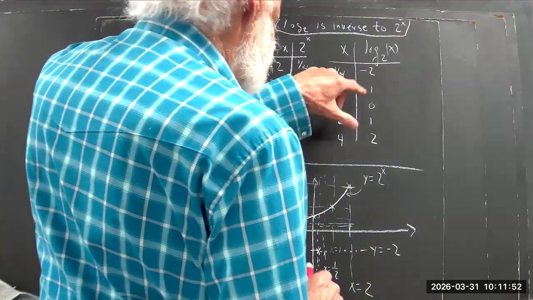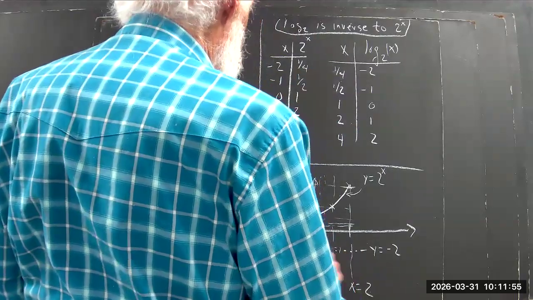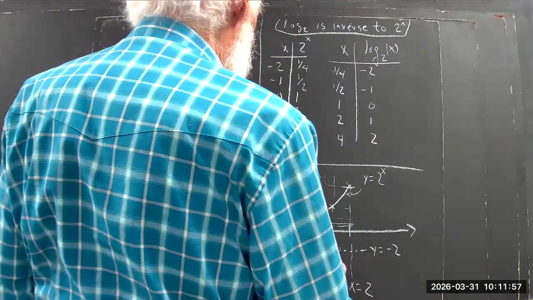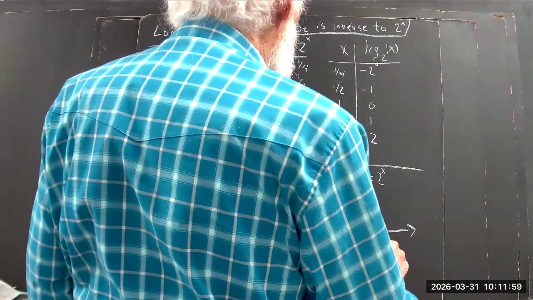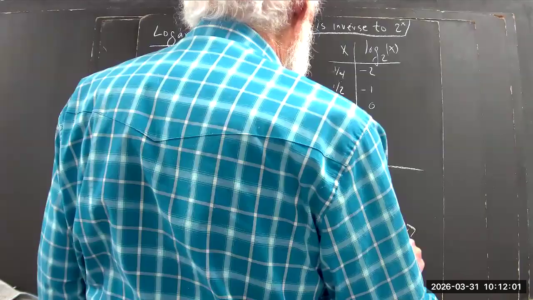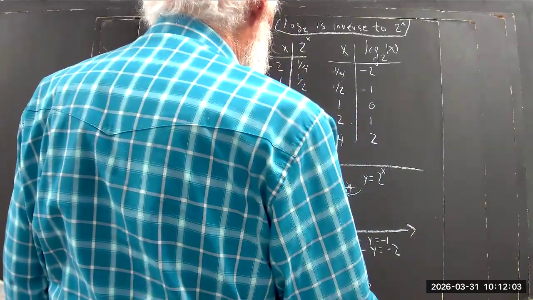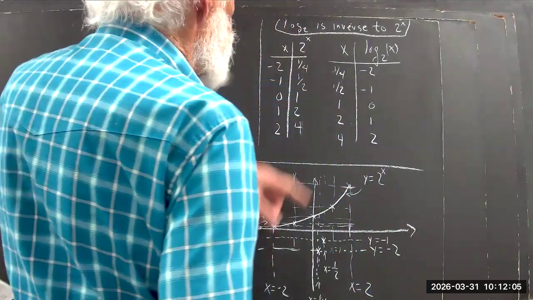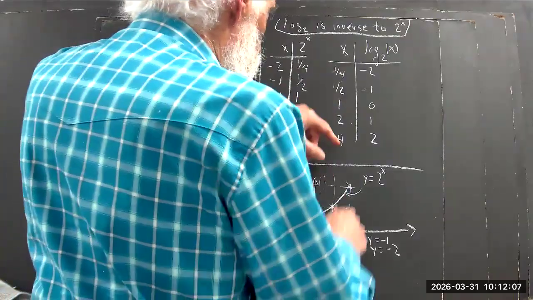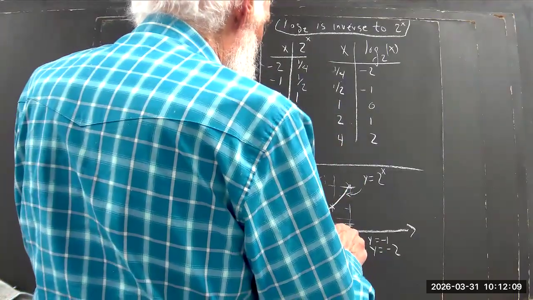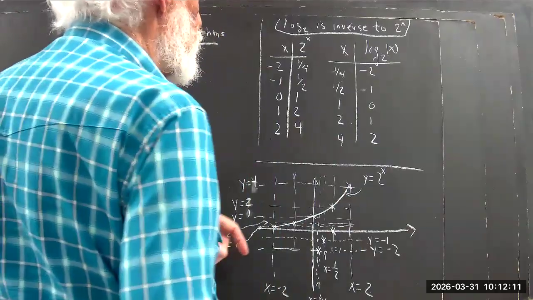Then when x is 1/2, y is -1. Well, I've drawn the x equals 1/2 line, and there's y equals -1, so here's a point. And then the x equals 1 line, well, right here it is, and y equals 0.